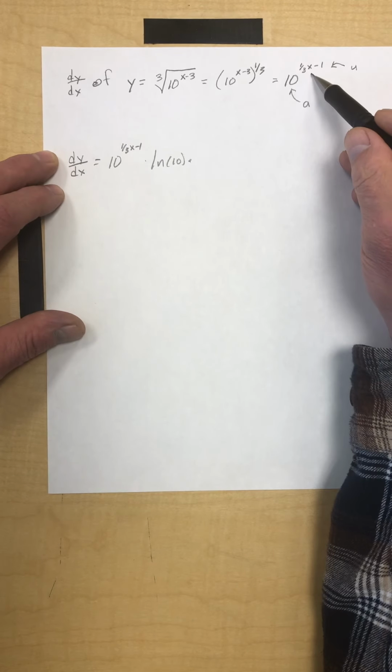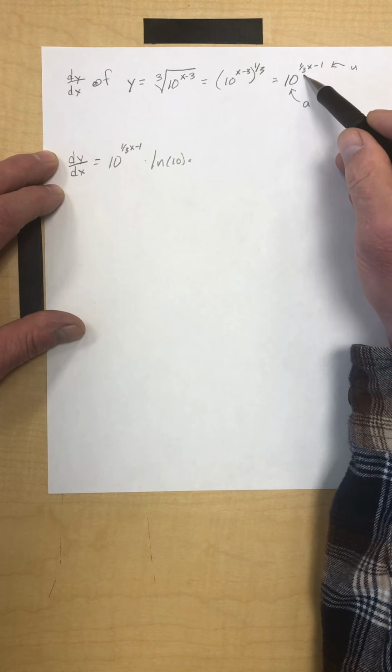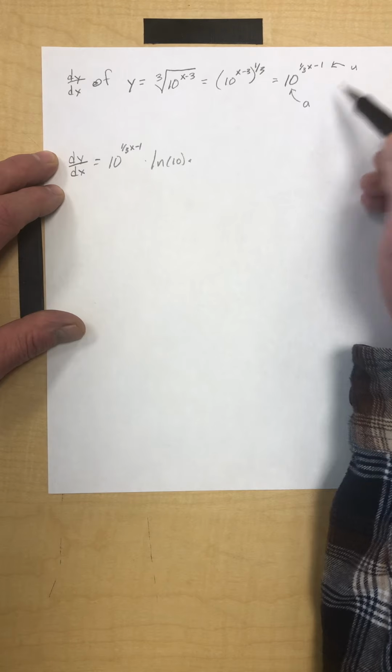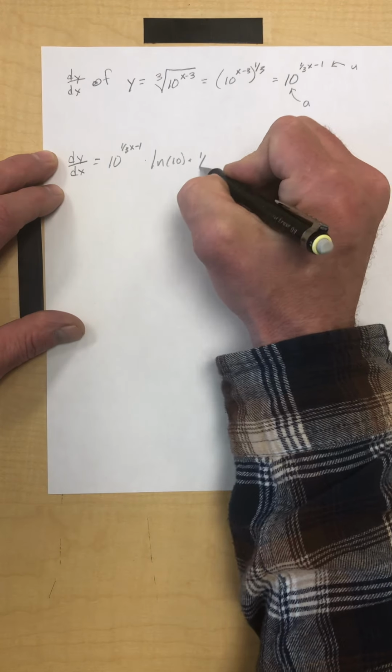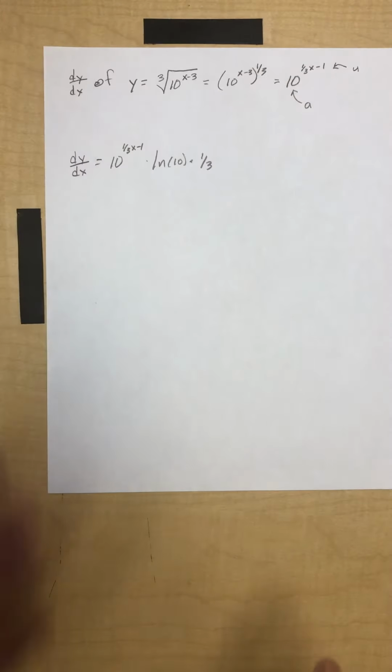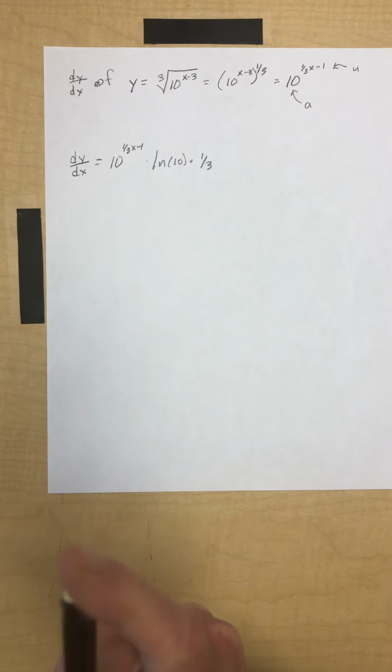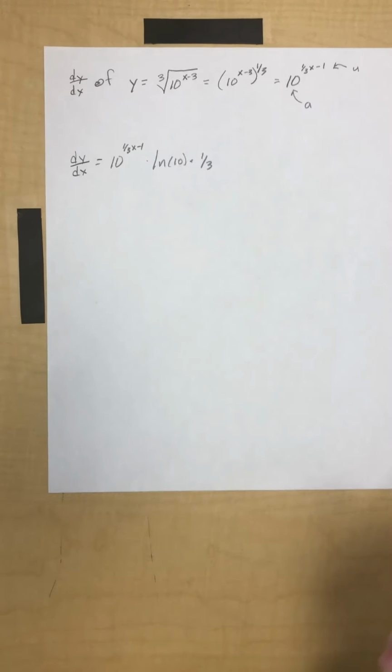And u is up here, and we take the derivative of 1/3 x is just 1/3, and the derivative of -1 is 0, so we get 1/3. Now we just look, is there any way we can clean this up? I would say about the only thing we can do is just put the 1/3 out front.